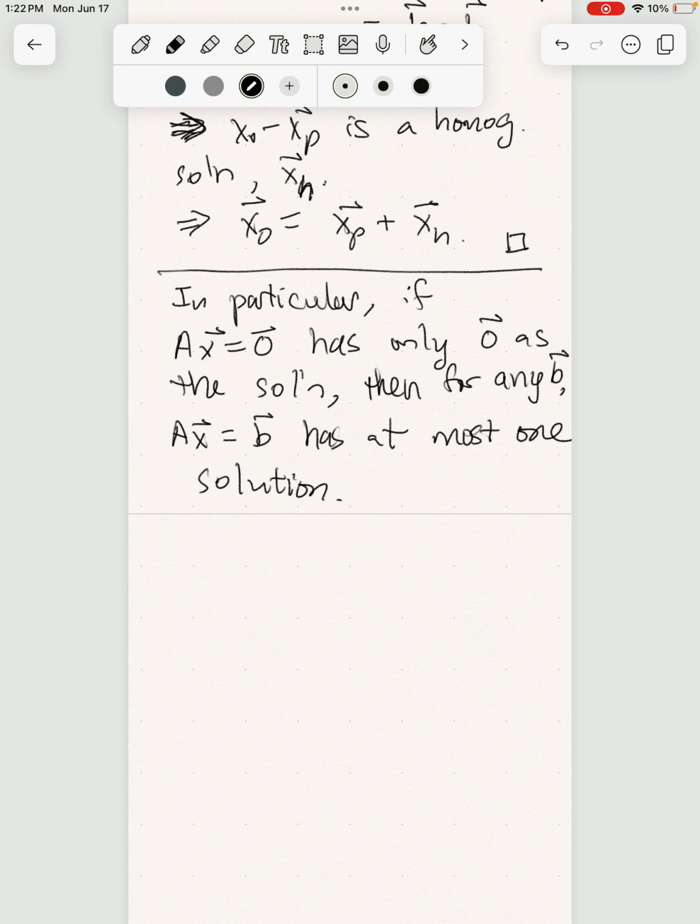So in general, the shape of the solutions to Ax equals b, provided that the system is consistent, is just the same as the shape of the solution to Ax equals 0.